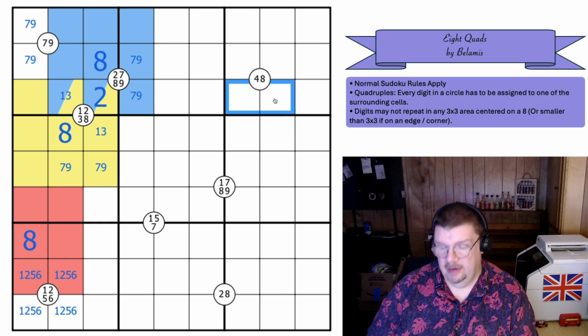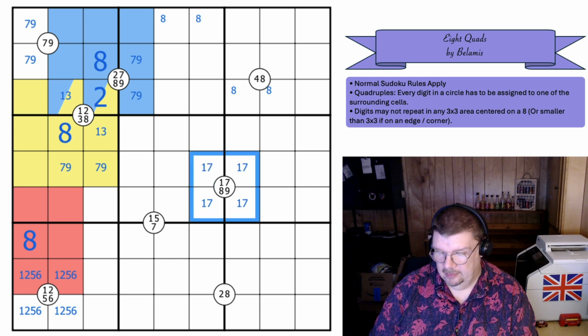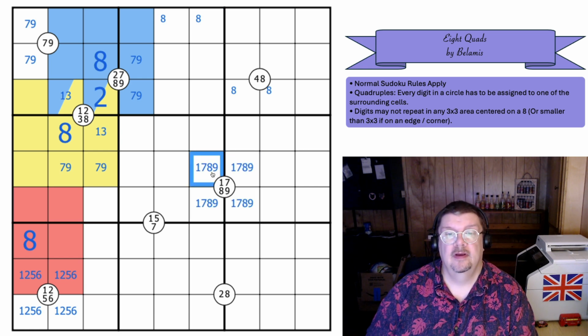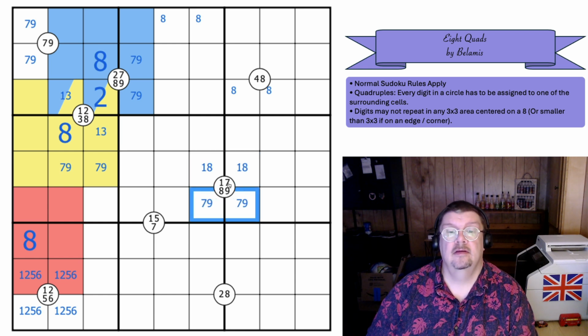So now I have an 8 in one of those 2, and an 8 in one of those 2. That's 1, 7, 8, and 9. In fact, that is not 7 or 9, and that is not 1 or 8.